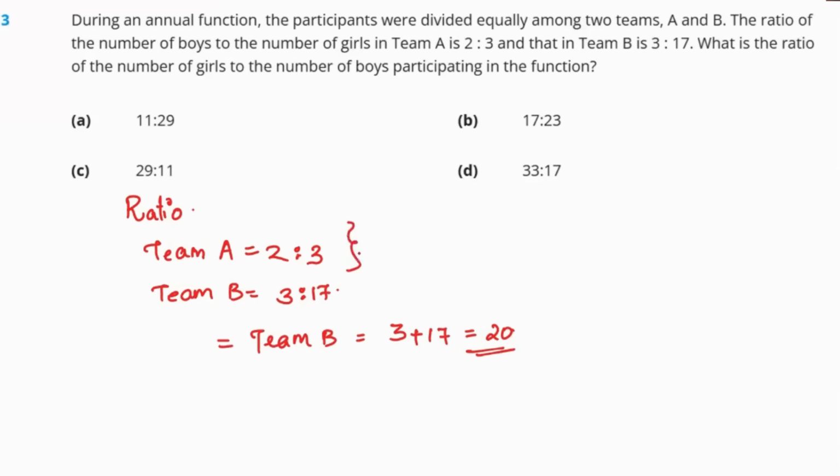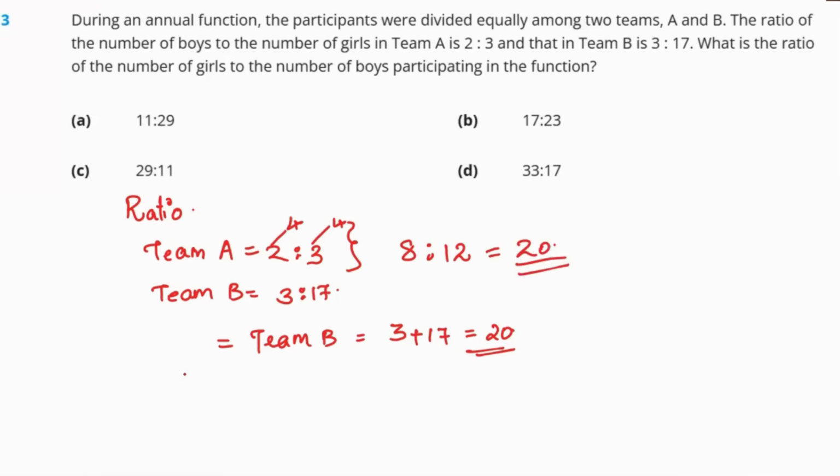To make it 20, what do we have to do here? We multiply both numbers by the same number. When we multiply by 4, 4 twos are 8 and 4 threes are 12. So 8 is to 12, and it becomes 20.